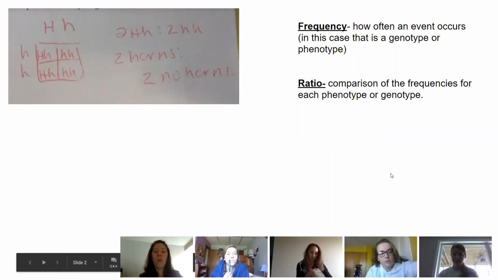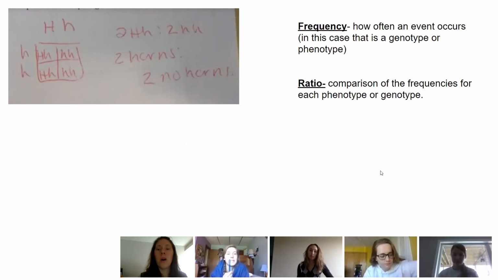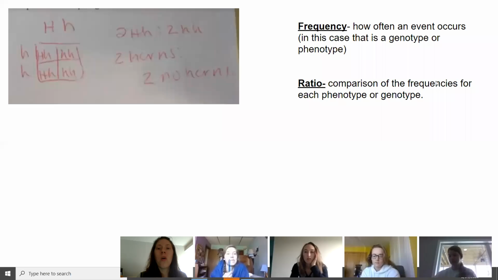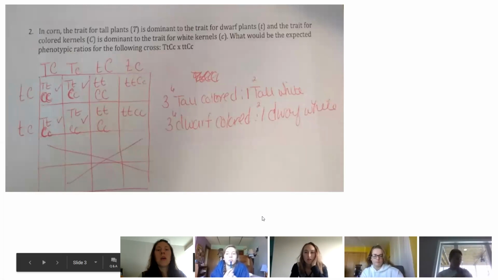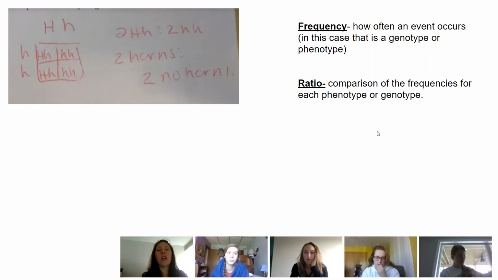All right, so one thing I wanted to review was going over the difference between a couple of terms. So frequency versus ratio, these are two terms that are commonly used in genetics. When we're looking at the frequency, we're looking at how often something happens.